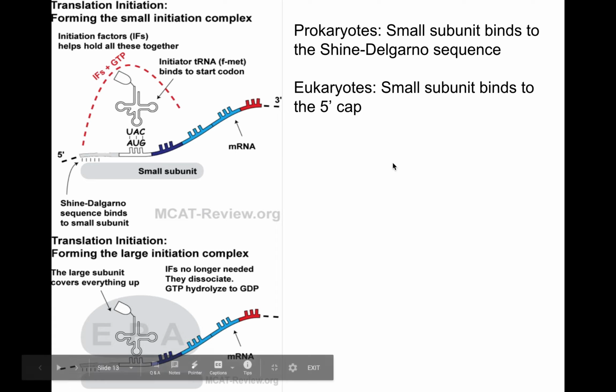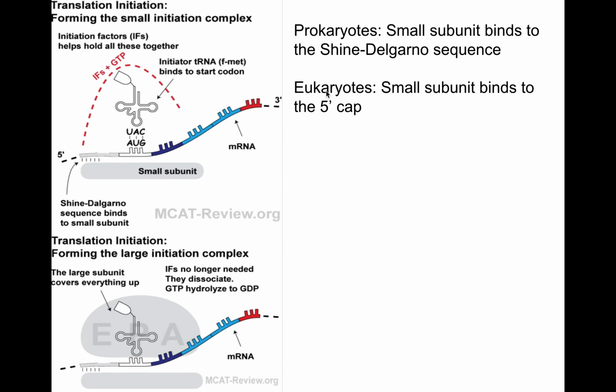Now, eukaryotes do not have the Shine-Dalgarno sequence. What happens in eukaryotes is that after the mRNA sequence is processed and becomes the mature RNA, it has a 5' cap and a poly A tail. The 5' cap is on the very 5' end. The poly A tail is on the very 3' end.